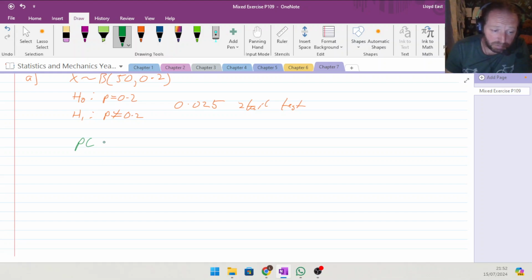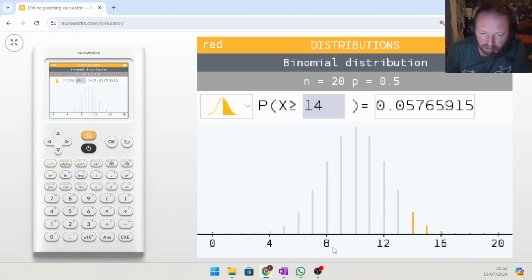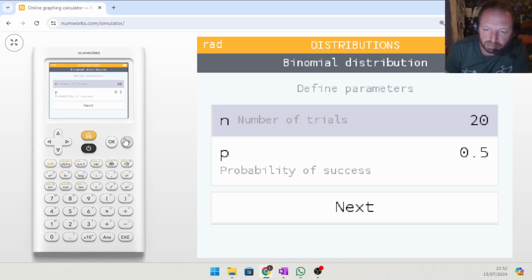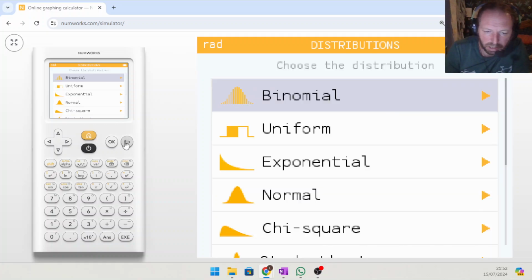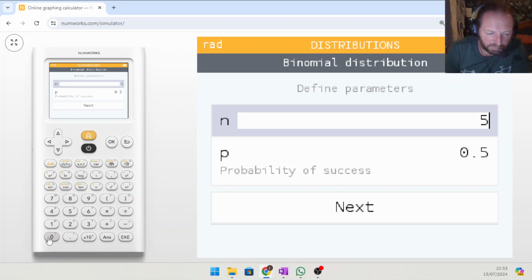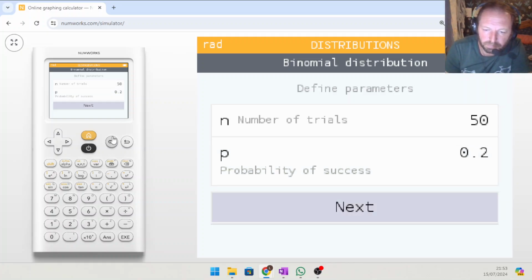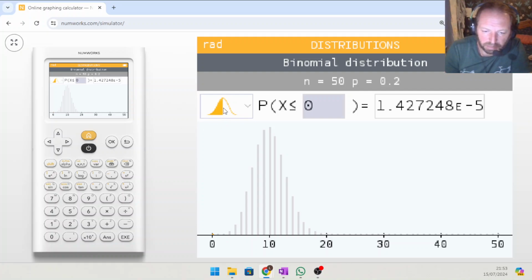Let's go with 10 people. So X less than or equal to 10 is going to be equal to, using a calculator, here we are, we've got to set up a binomial. Number of trials is 50, and our probability is 0.2. And now we can look at the probability of X being less than or equal to 10.